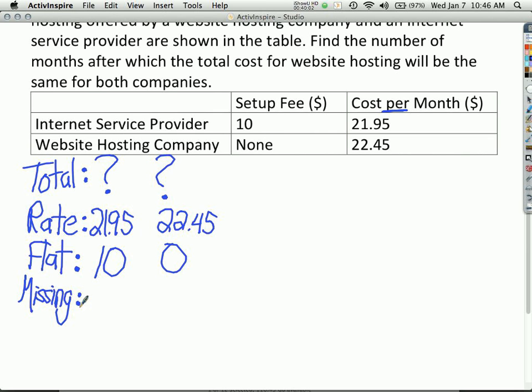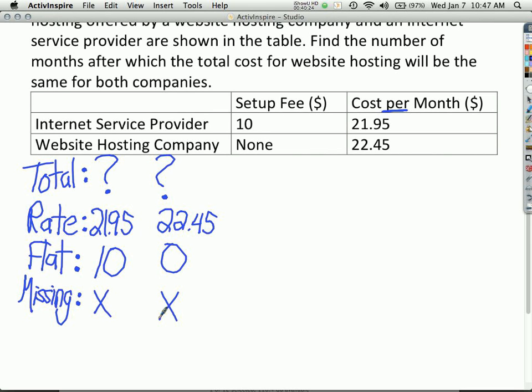The number of months. That's right. The number of months. And so we're going to call that X. The number of months is missing, and yes, in the real world we use letters like M and C and stuff like that. But to keep it consistent with what we've been doing, we're going to use X and Y. So we're going to call the months X.